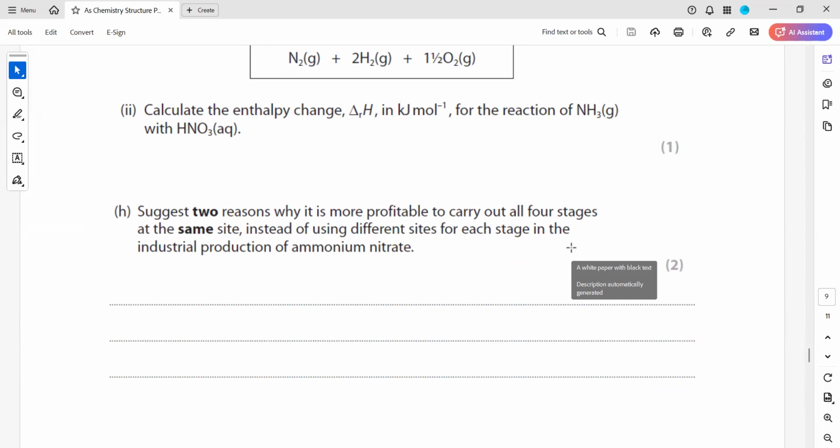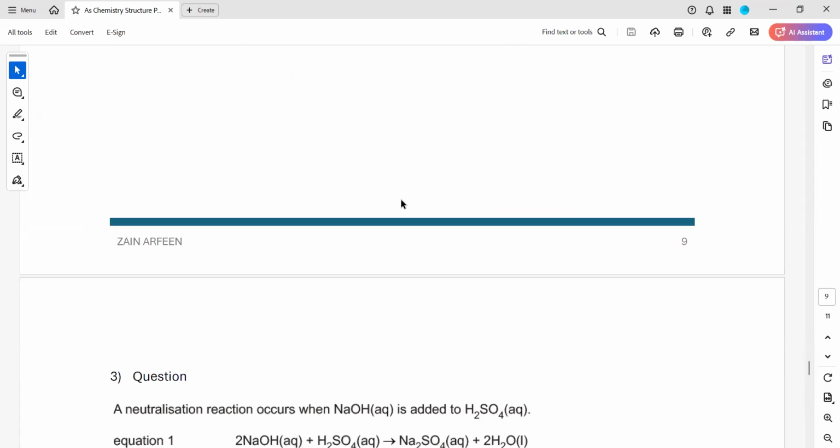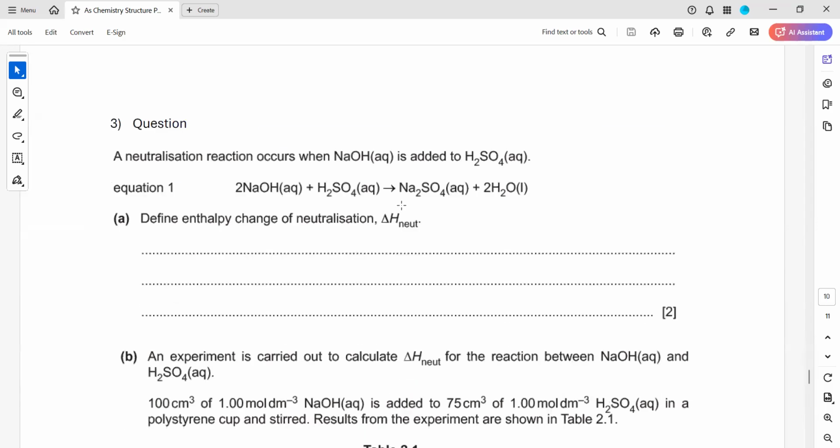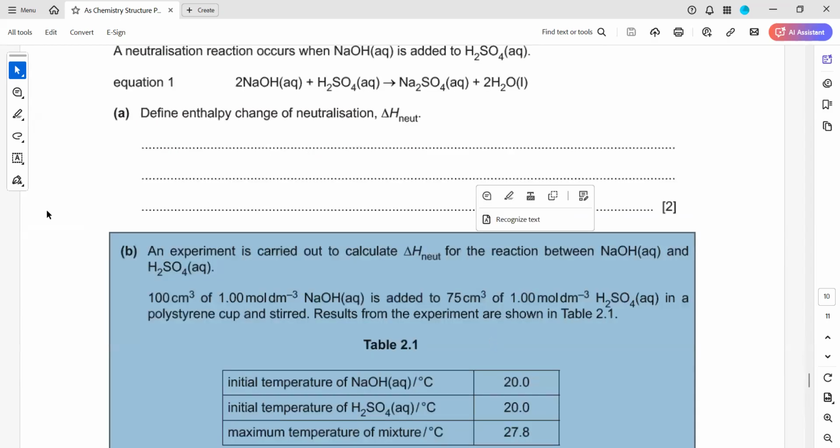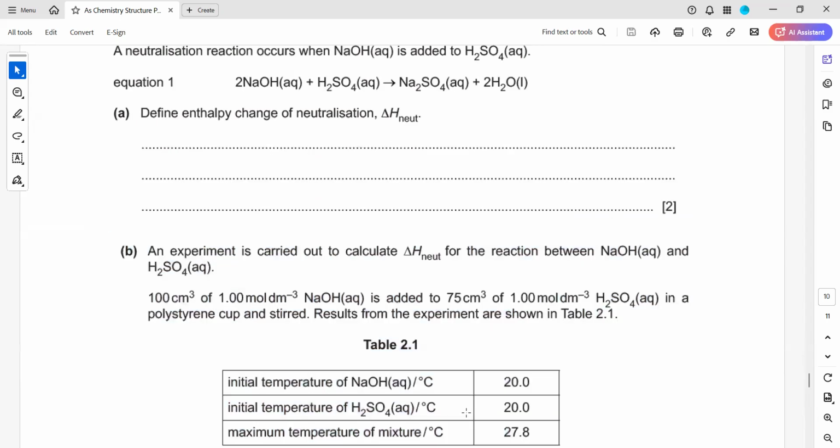So why should all four stages be done at the same site? It reduces the cost of transportation, and the energy cost and the raw material cost will also be reduced. Plus the workforce and the amount of land needed will also be reduced. Is it clear, part H?